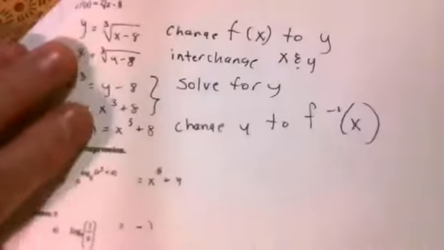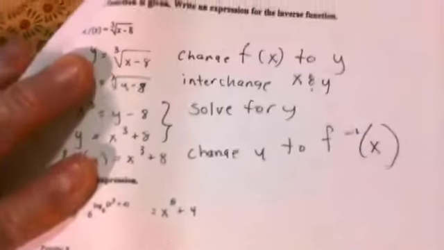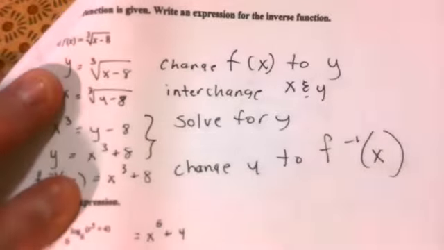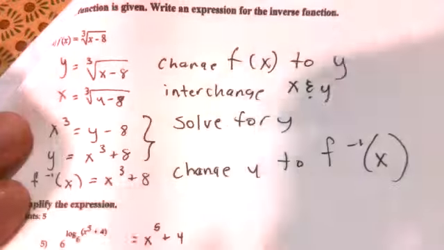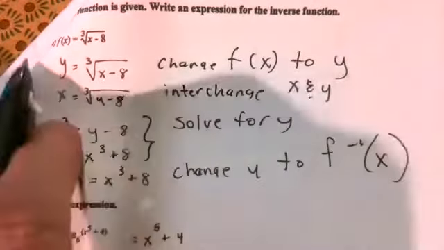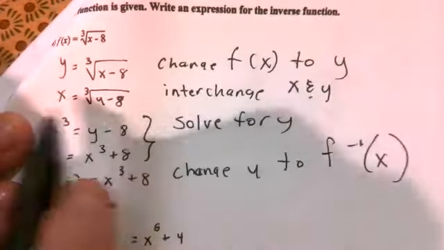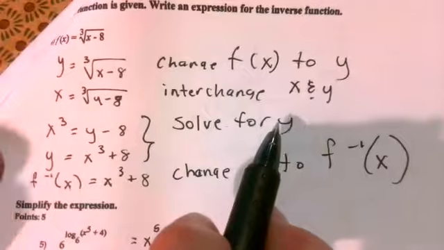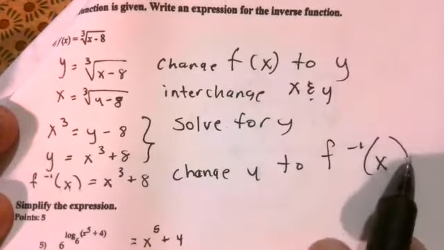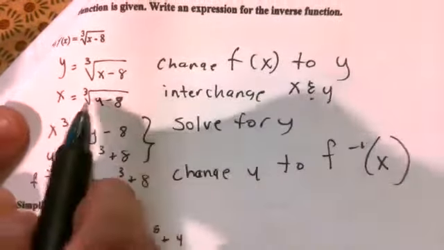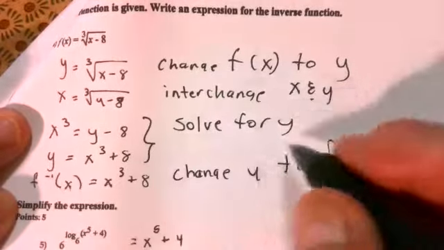This is just another finding the inverse of a function, and in this case, the function is a radical function. So we rewrite, change f of x to y, interchange x and y, and then solve for y, and then change y to f inverse. Those are the steps, but you have to remember how to solve for y.